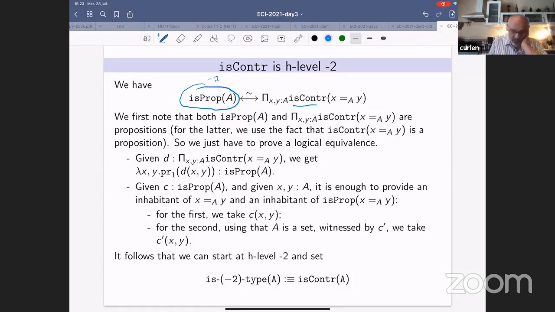So we shall show after the break that the type isProp is equivalent to this type. Because of this, it is very natural to call this level -2. And in fact, the whole hierarchy which I discussed should start in the end from -2, which is isContr. And I think we can make the break now and resume in 10 minutes from now.